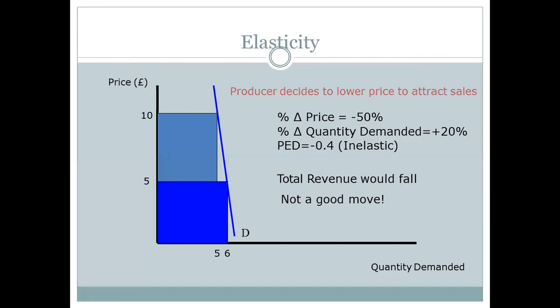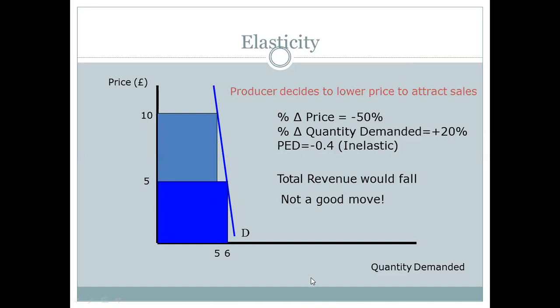And look at this graph also. Here, the producer decides to lower price to attract sales. So before it was £10, and then it is reducing their price from £10 to £5. It decreased by 50% in price.